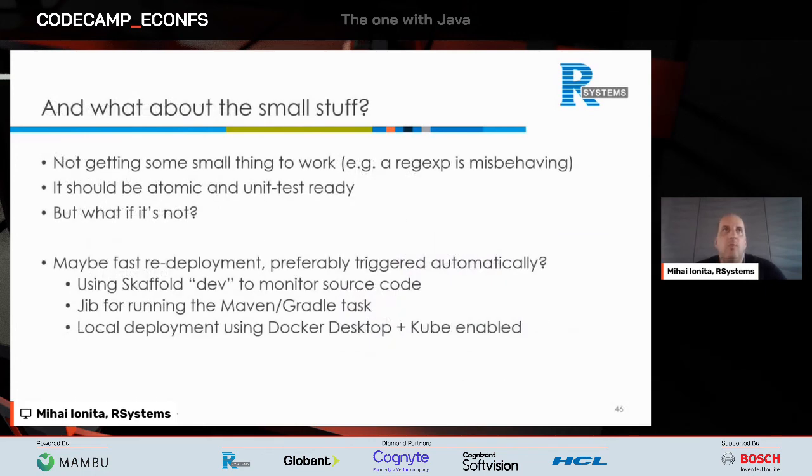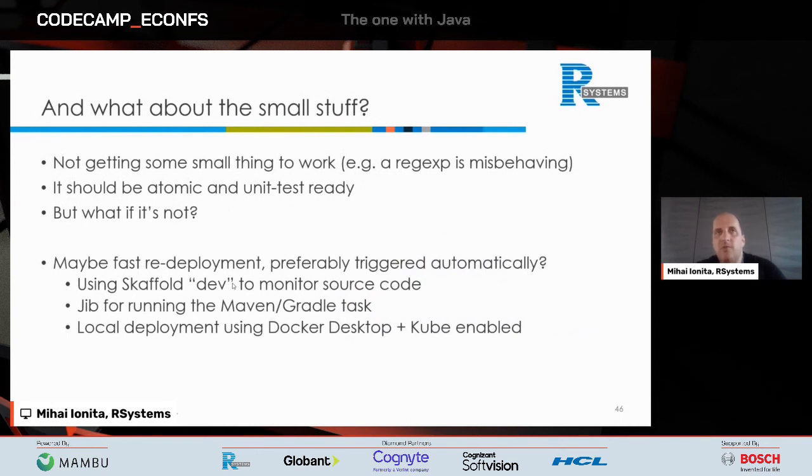So just one more thing, coming back to the basics. What if you need to do a fix which you cannot quite get? I mean, you have a regex that is misbehaving. You need to do several fixes in order to find out which one works. So using Skaffold in dev mode, you can task it with monitoring your source code.